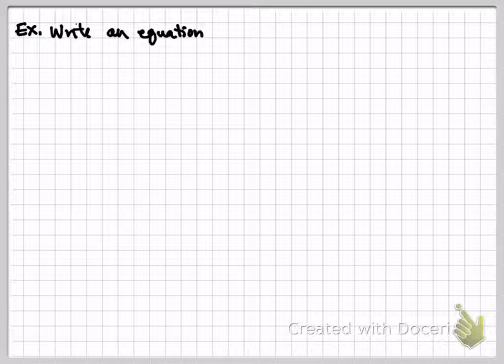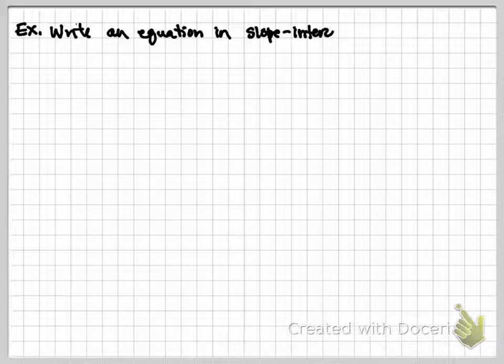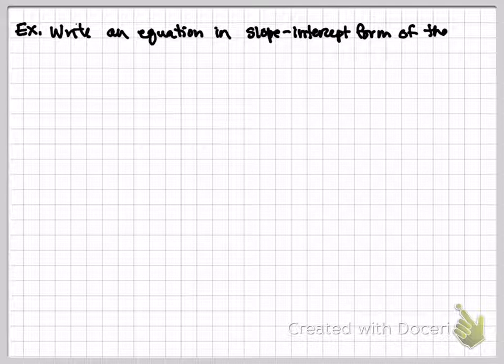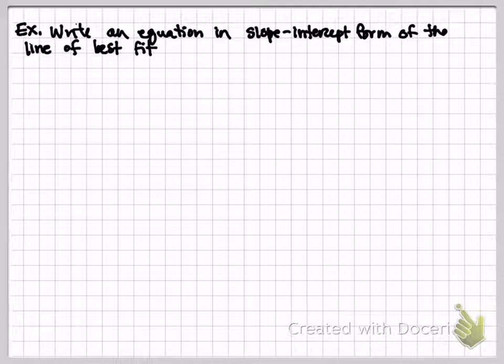We're going to write an equation in slope-intercept form of the line of best fit that is drawn, so they're going to give it to you.